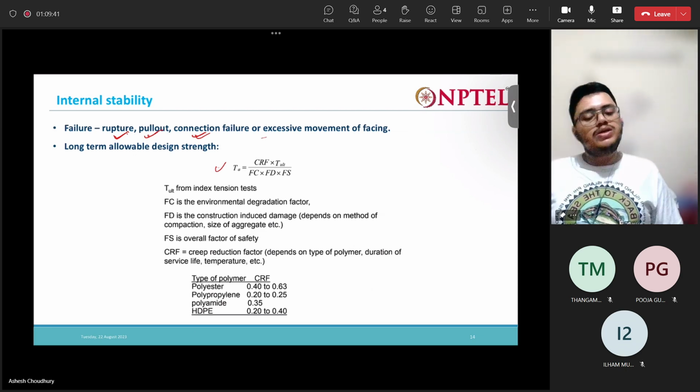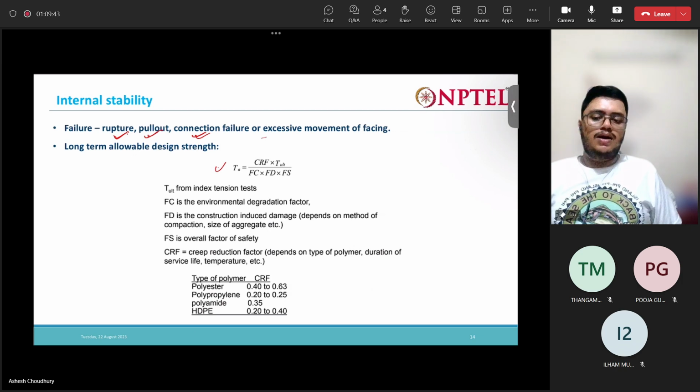So what we need to do is consider these various factors in order to reduce the ultimate tensile strength. So in our calculations, we consider this allowable tensile strength for a conservative and safer design.